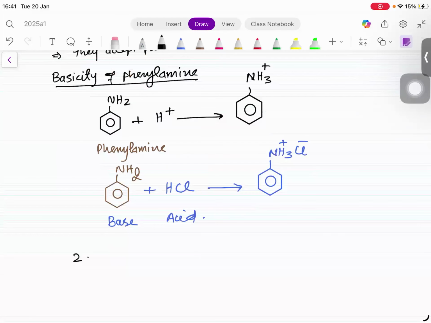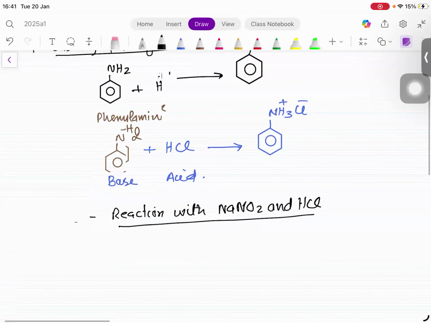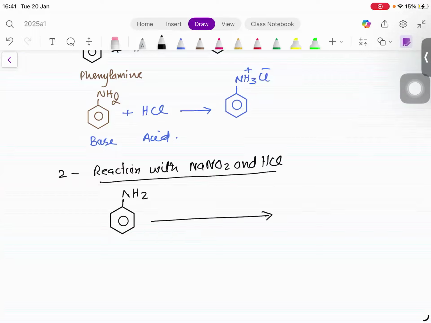Number two, the second reaction: reaction with NaNO2 and HCl. How does phenylamine react with NaNO2 and HCl? I'm just straightforwardly writing the reaction. Look, this is phenylamine. It reacts with NaNO2 and HCl.